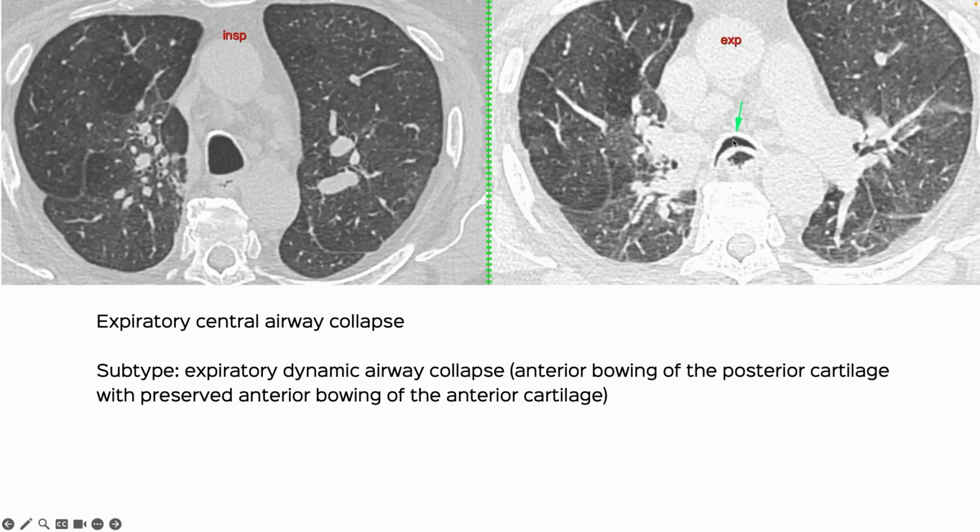But if you want to diagnose significant expiratory airway collapse, then the only way is to have inspiratory-expiratory images. And ECAC is divided into two subtypes. You have expiratory dynamic airway collapse, where the anterior wall remains the same and the posterior wall shows marked anterior concavity or bowing.